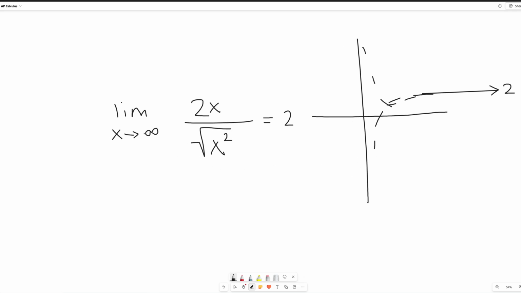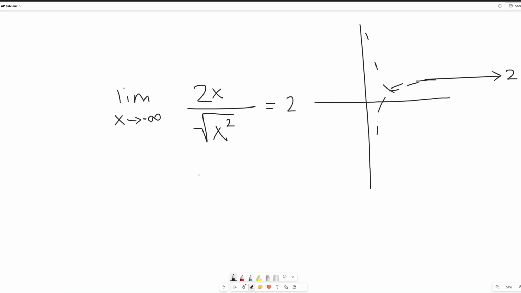Now let's look at the other side. Let's look at negative infinity. 2 times negative infinity over square root negative infinity squared. Negative infinity squared, you can get rid of the negative because negative times negative is positive. So negative infinity squared is still just infinity squared, and we can get rid of the square root like we did before.